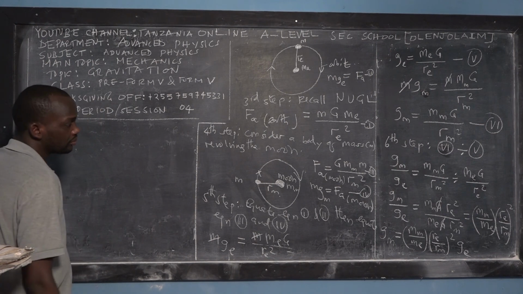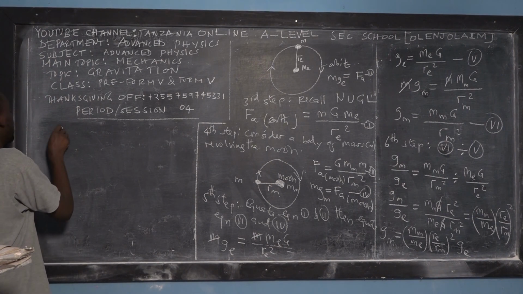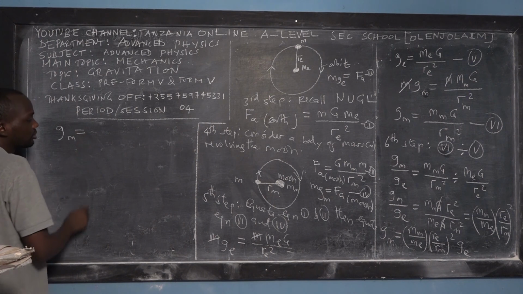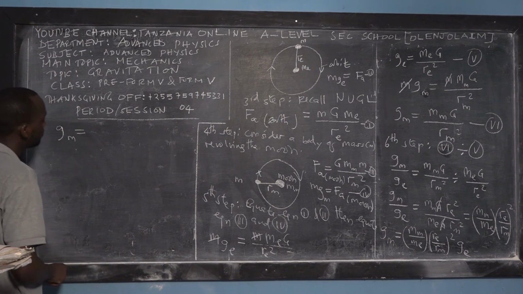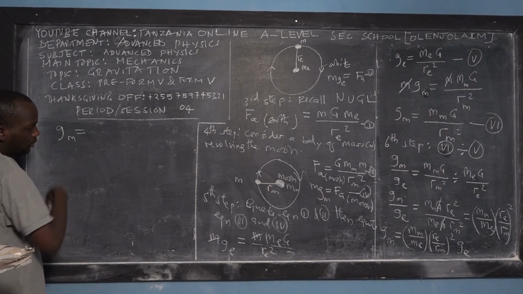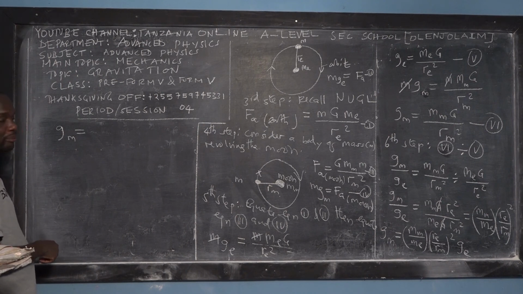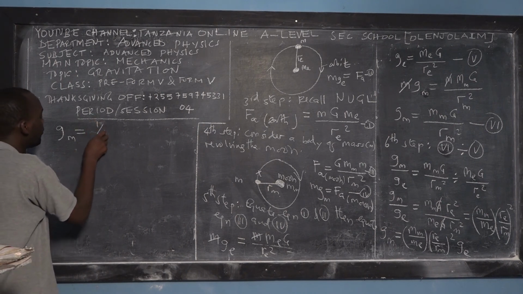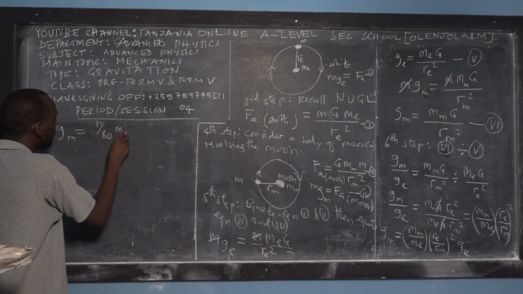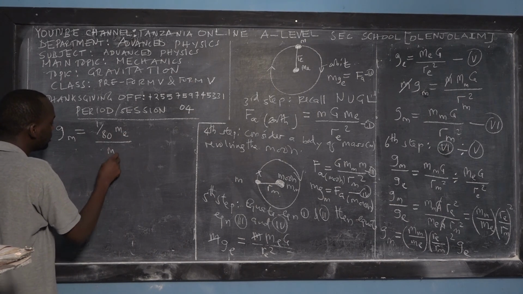Okay? So if that's the case, the acceleration due to gravity on the moon surface is equal to the mass of the moon. What was the mass of the moon? The mass of the moon was 1/8 the mass of the Earth, so divided by the mass of the Earth.